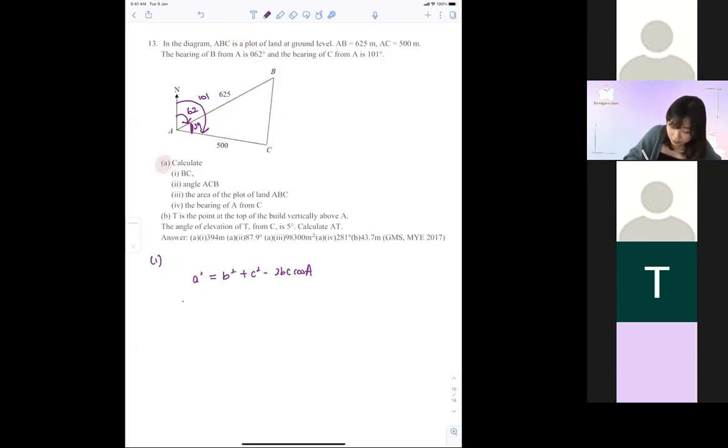In exam, unless you forget about it, or you want to play safe, then you write it down. So BC squared equals 625 squared plus 500 squared minus 2 times 625 times 500 cosine 39. Just put everything in the calculator.